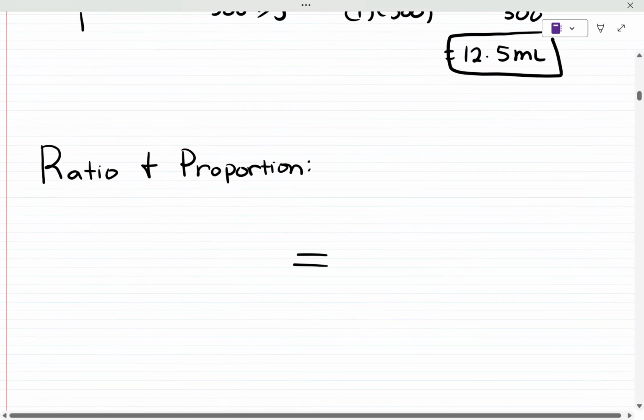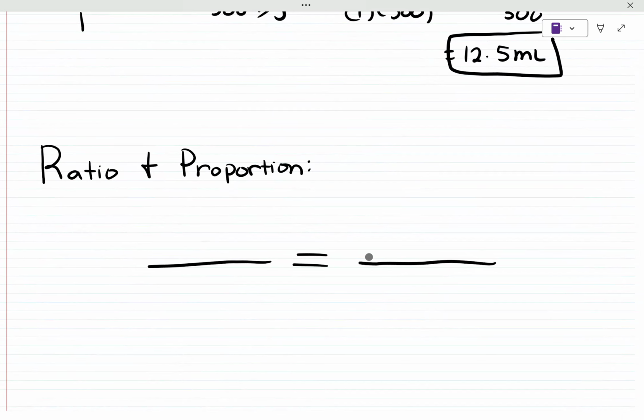So fraction, ratio and proportion, just set it up with this. We have milliliters on the bottom, milligrams on top.